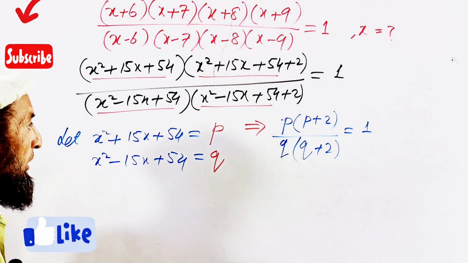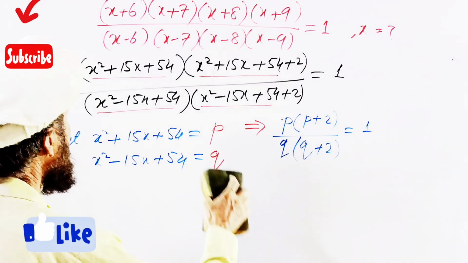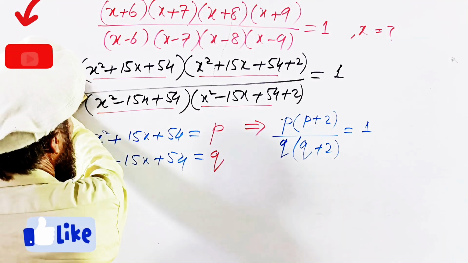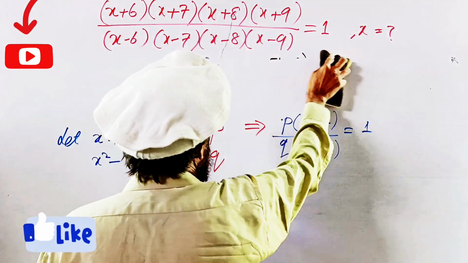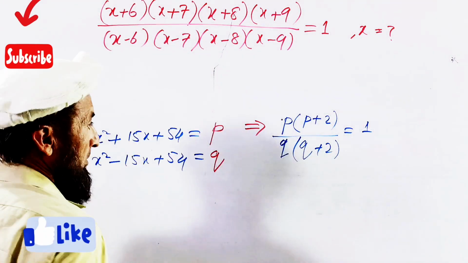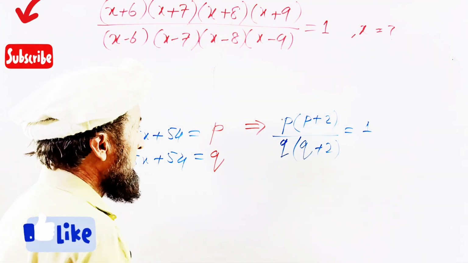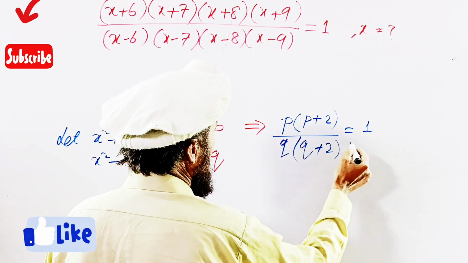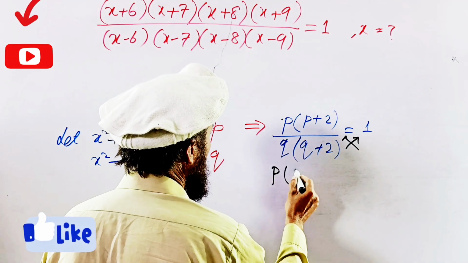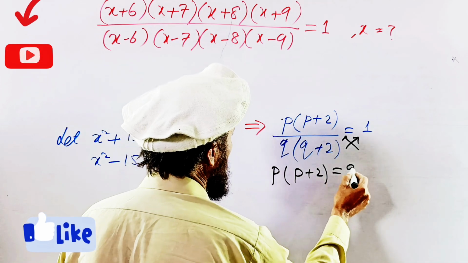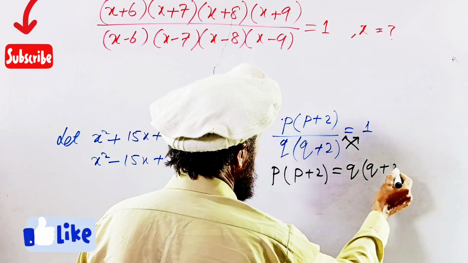Now by cross multiplication, we get p into p plus 2 is equal to q into q plus 2.